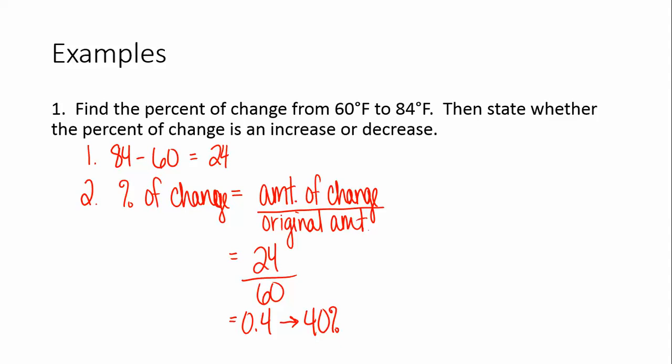Now it says that we are to also state whether the percent of change is an increase or a decrease. So step 3, we have the percent of change is 40%, and it's positive. So we have a positive percent of change, which is a percent increase.